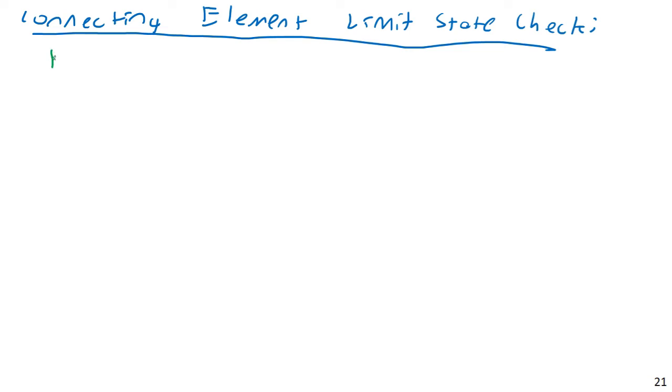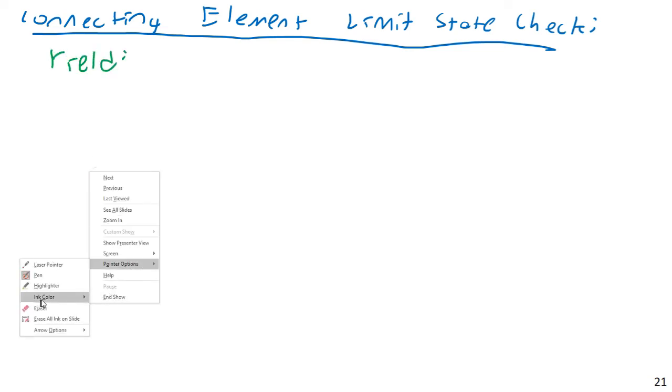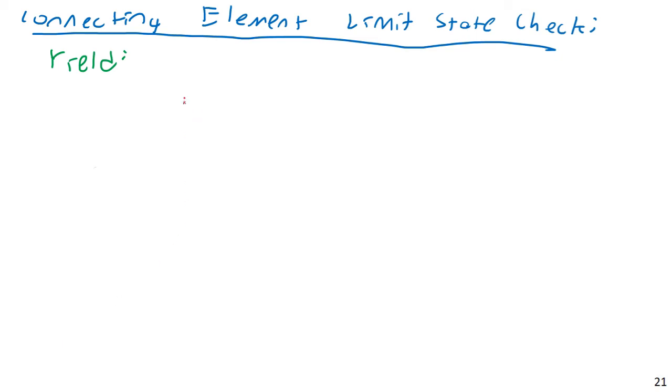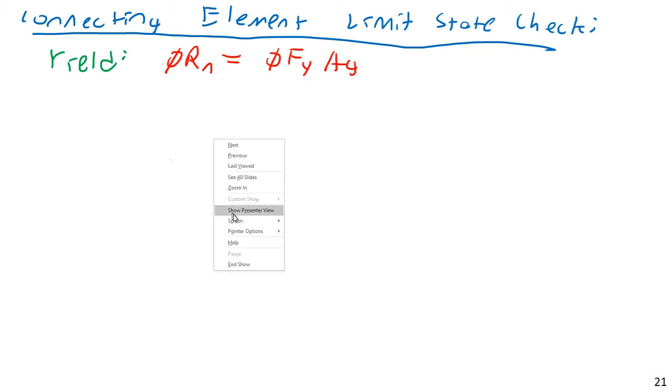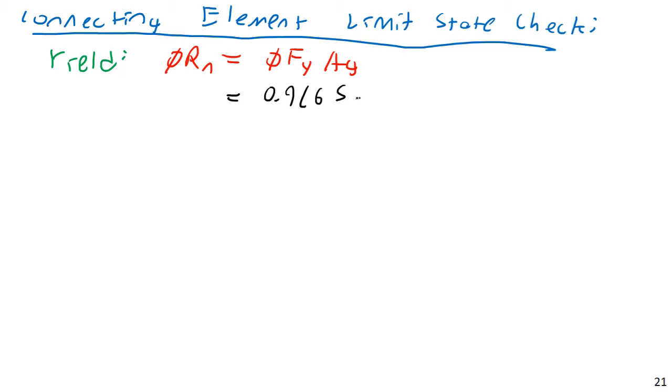For yield, our governing equation will be phi Rn. We tend to use an R for our connecting elements and a P for our tension members, where phi Rn is equal to phi Fy Ag, and then this is just going to equal 0.9 times 65 ksi.